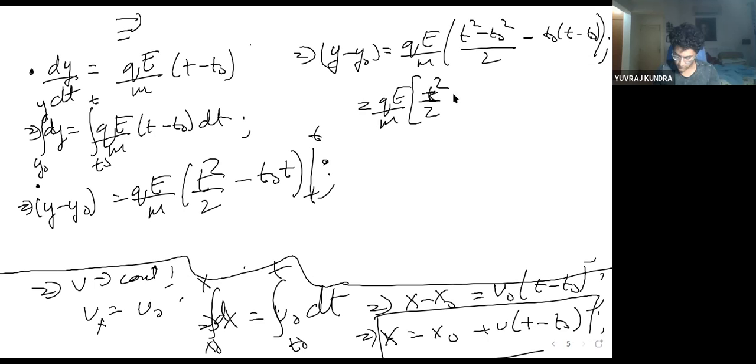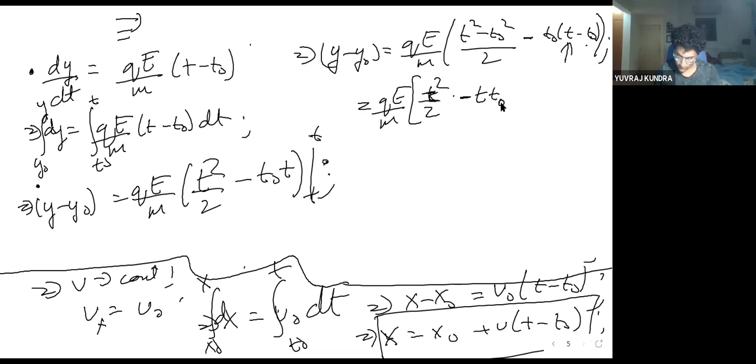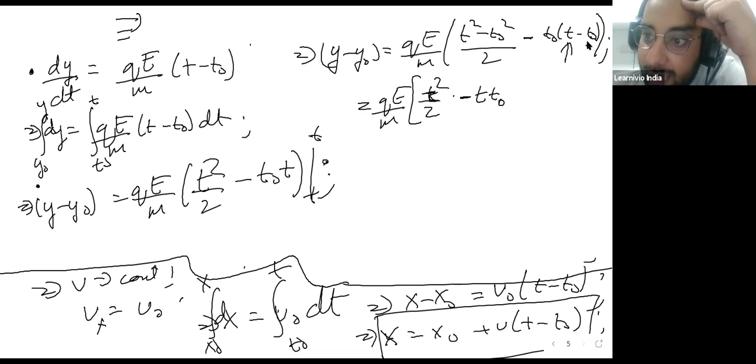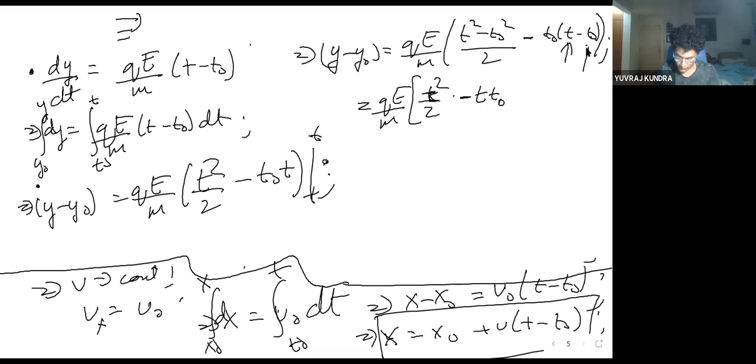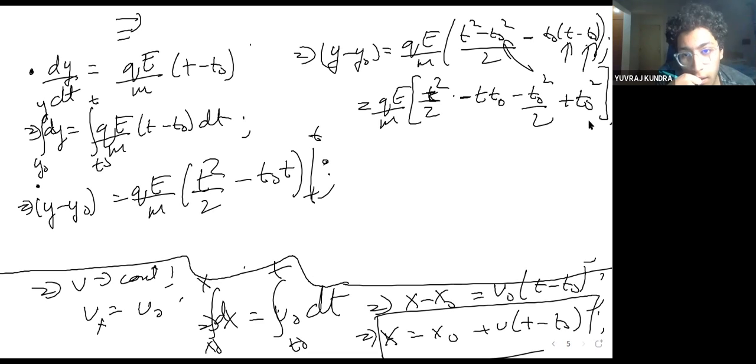Your linear term will come from this particular T here, so minus T naught. This will be your linear term, and your constant term will essentially be the T naught square from here and the other T naught square from here. So you will have one T naught square minus T naught square over 2, and the other T naught square will be a plus T naught square, correct?